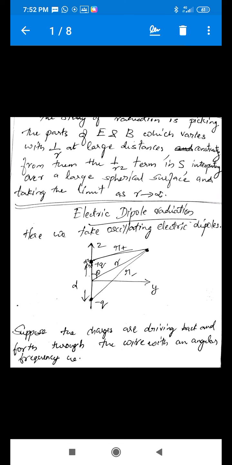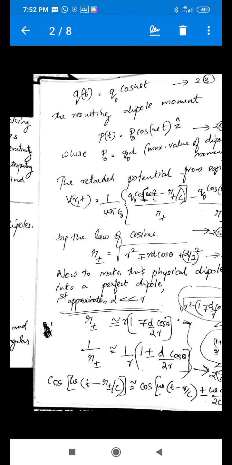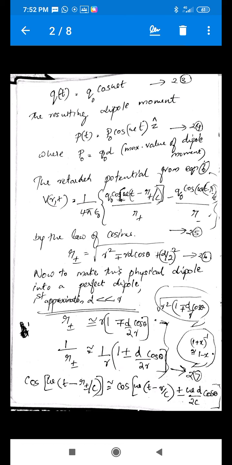You can see it in the picture. So we have to divide that term by r plus only, and the retarded time will be t minus r plus by c. So t_r is equal to t minus r plus by c. Here r plus means r with subscript plus.